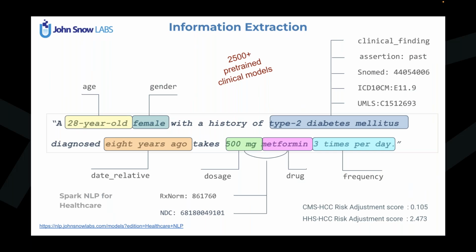Or maybe I'm trying to automate medical terminology mapping. Maybe I'm doing some insurance claim analysis, and I would like to know if there's fraud, so I can upload a document and find all the possible ICD-10 codes and HCC codes.